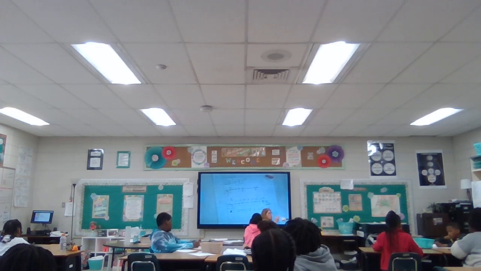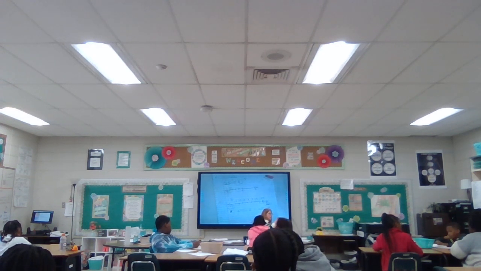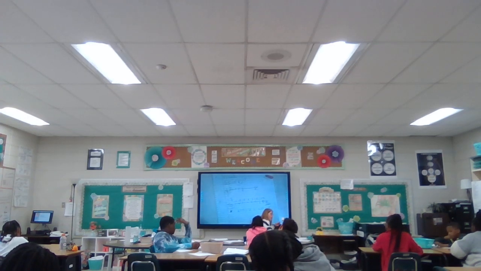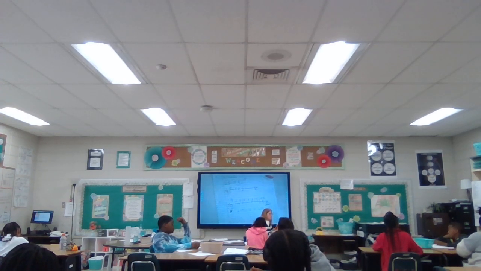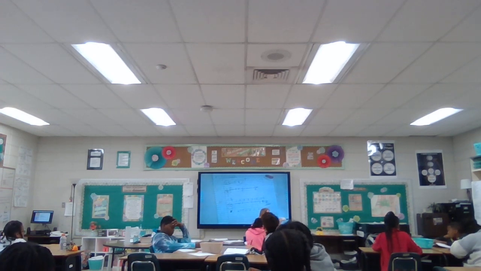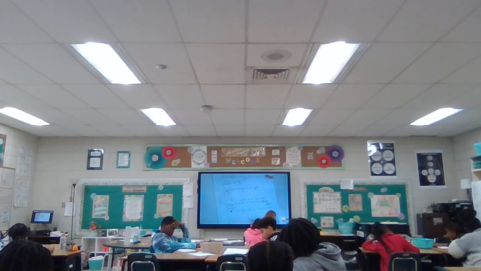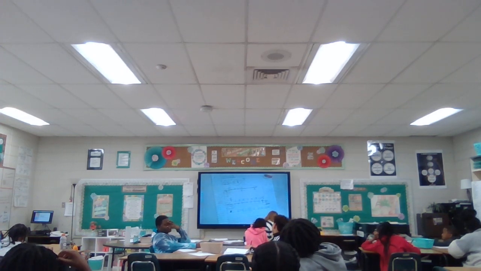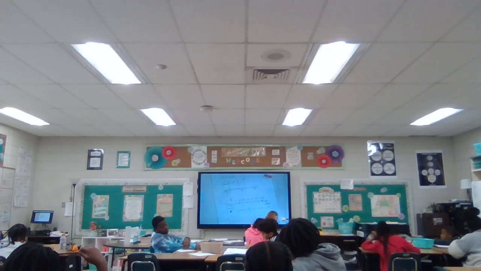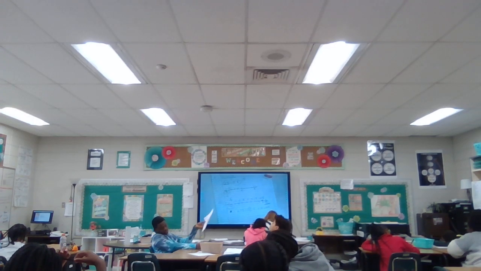We used estimation to round each of those fractions into a number that was easy to work with, which is a whole number, right? And then we added those estimations up to get our estimated sum, which was 8. Does that make sense? Okay.